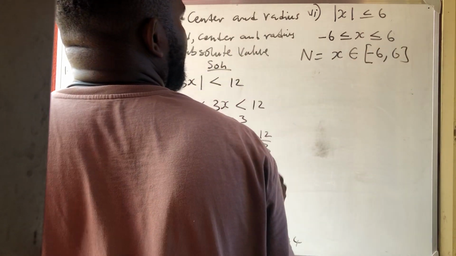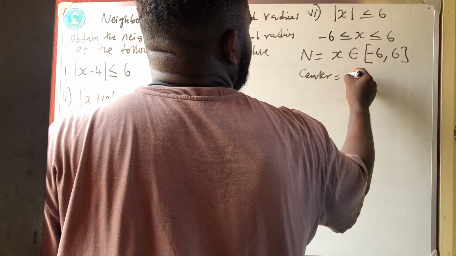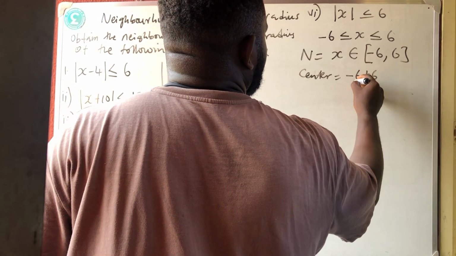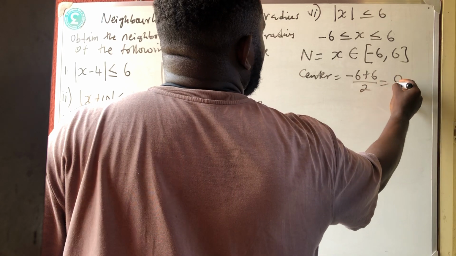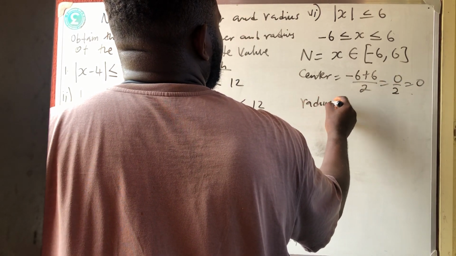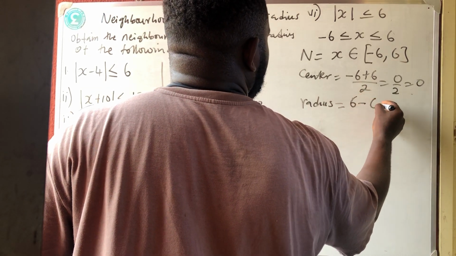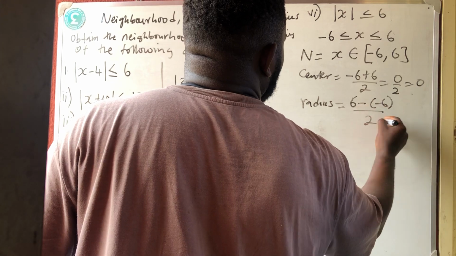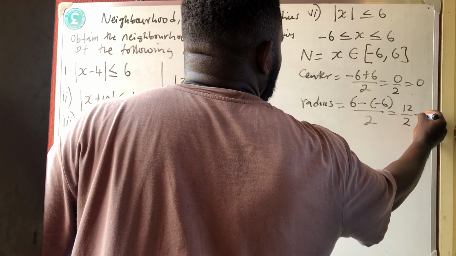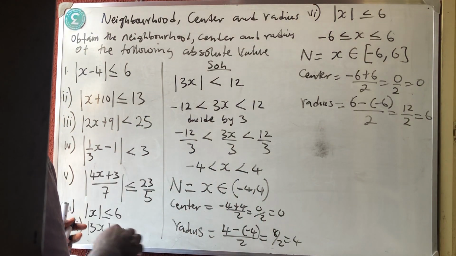This is the neighborhood. So the center is simply a plus b, -6 plus 6 over 2, which is 0 over 2, which is 0. And the radius is b first before a: 6 minus -6 over 2, which is 12 over 2, which is 6. Okay, so that is that.